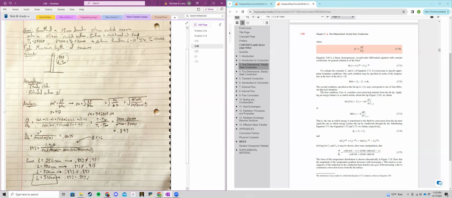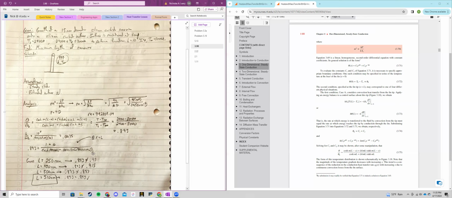So 1 plus 0 on the numerator, and then on the denominator, it's hyperbolic cosine of mL plus that term that we solved for before, multiplied by hyperbolic sine of mL. So I wrote that down here. Sorry, these numbers are kind of jumbled, but it's just our m value multiplied by L.